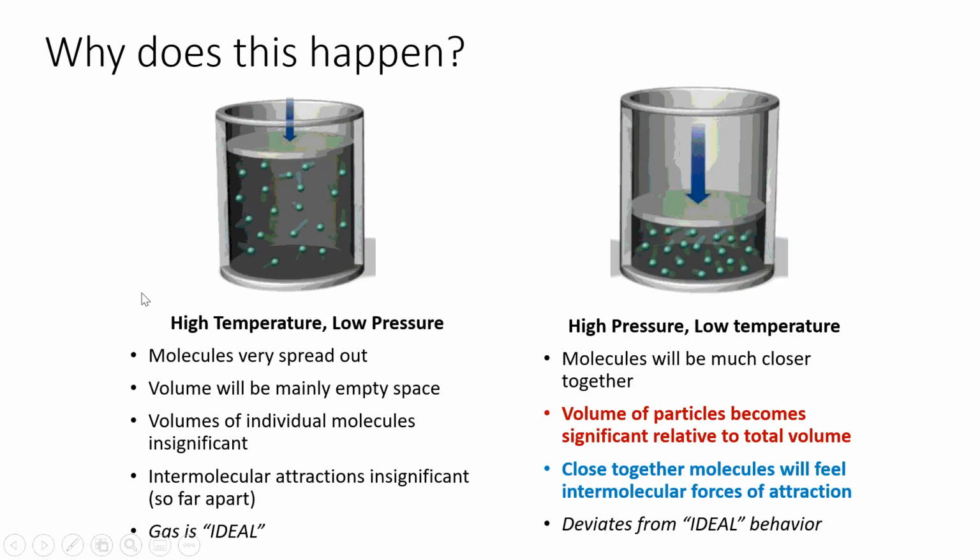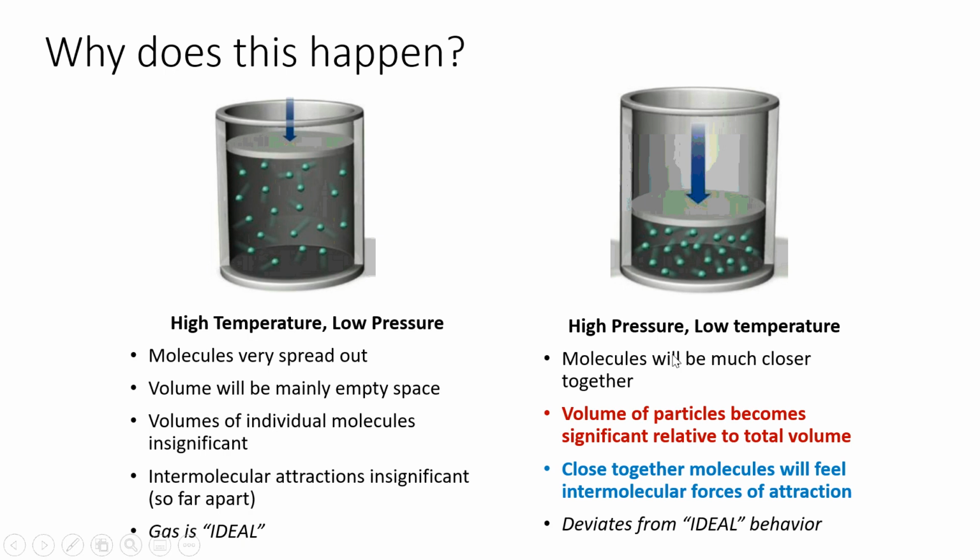If you think about why this happens, under high temperature and or low pressure conditions, the molecules are really spread out. The volume's mainly empty space. The volume of the individual gas molecules is insignificant, and the intermolecular attractions between molecules are insignificant because they're so far apart. This over here is an ideal gas.